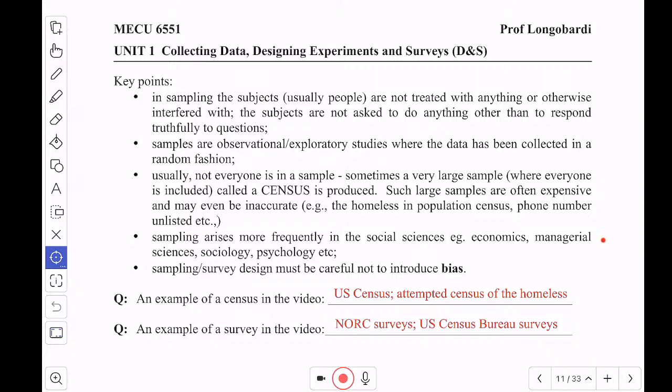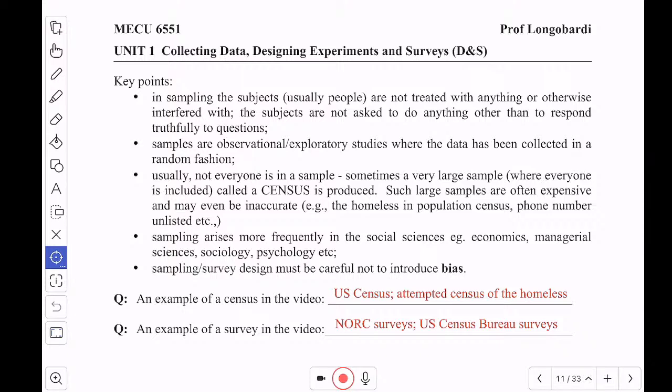Samples arise more frequently in social sciences than in the natural sciences, because we have the gold standard of experiments for the natural or pure sciences. We have to be careful in samples not to introduce bias. And then I just mentioned some examples in the video to help remind you what was in that video.